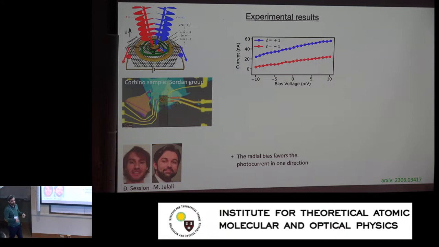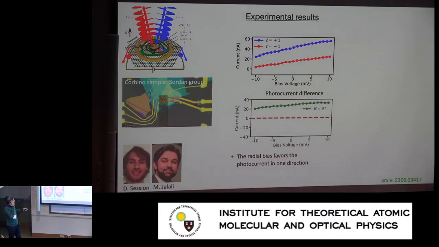Of course when you shine light, you generate photocurrent regardless of that. What is important is that when you switch the orbital angular momentum, there is an appreciable shift. And then we can tilt the system radially by applying this bias voltage. We see that when we tilt that, of course the overall current changes, but there is an appreciable shift in.